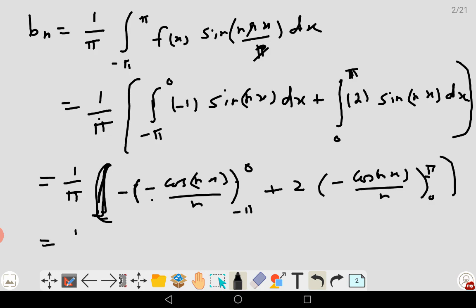What you get here is 1 over pi. This will be positive, first term is positive. 1 by n can be taken from both the terms, so 1 by n pi outside.